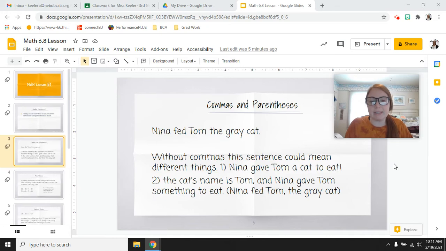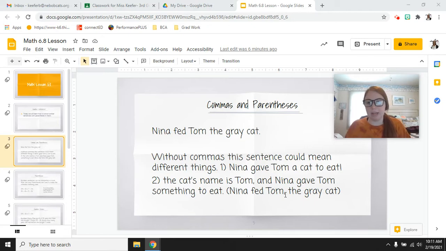So without commas, this sentence could mean, the first one, Nina gave Tom a cat to eat, or the cat's name is Tom and Nina gave Tom something to eat. If that's the case, then there should be a comma after Tom. Then you would read it, Nina fed Tom, the gray cat.